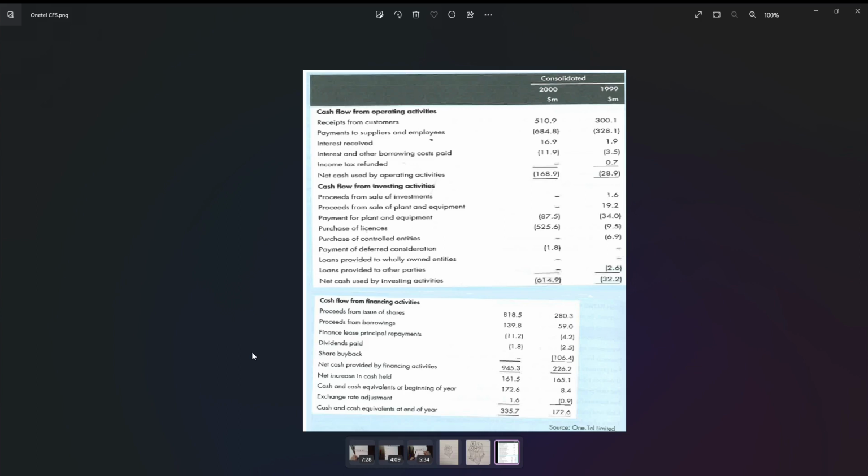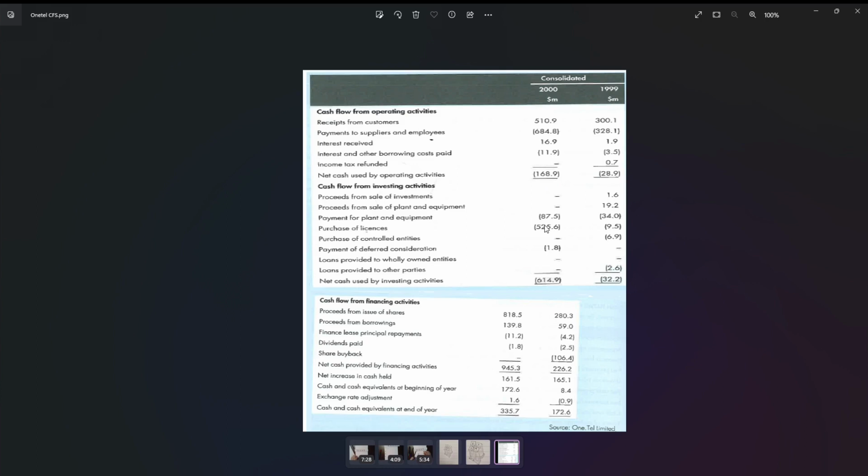This is the cash flow statement from OneTel a year before it wound up. Similar to the template I described, there is operating, investing, financing, and the net cash changes. Comparing the year of 1999 to 2000, the receipts from customers had increased, but so had its payments. Overall, it had a larger net cash decrease.